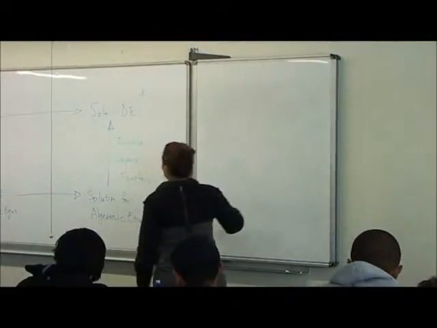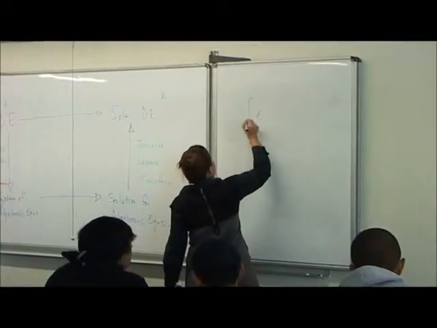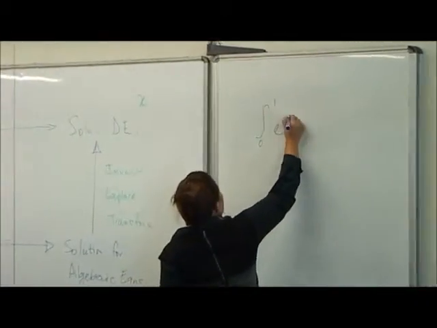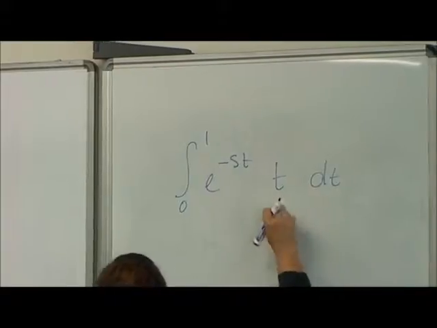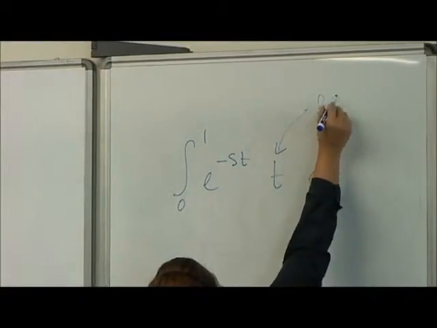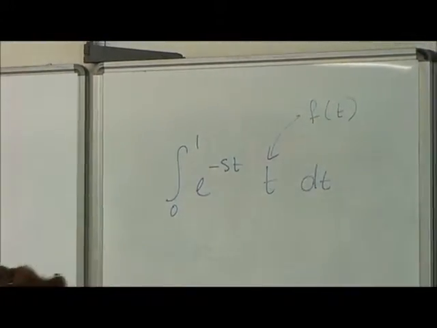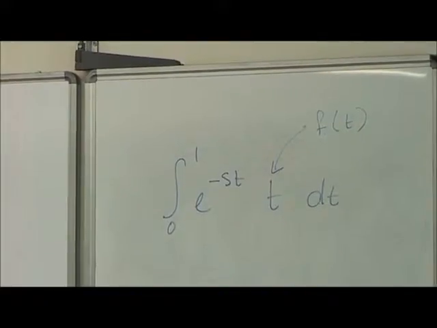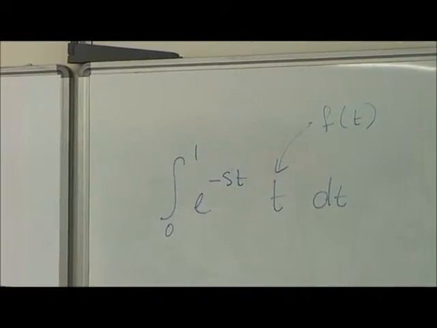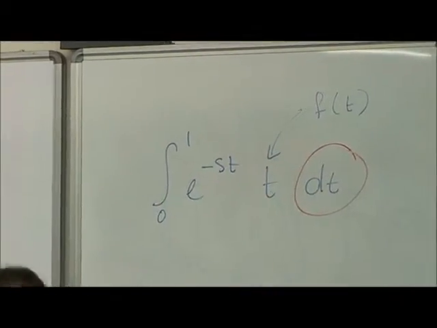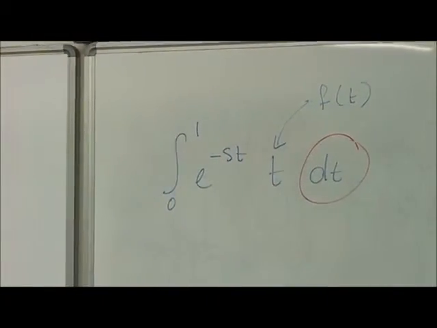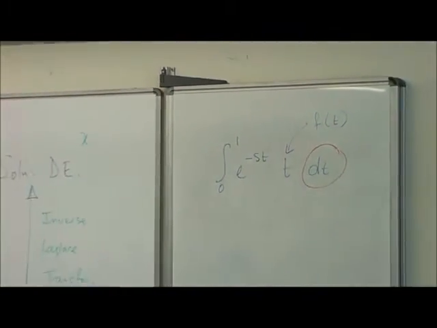Take for example, we've got the integral between naught and 1 of e to the minus s t, dt, right? That over there is equal to t. Right? If you solve this, that there tells you that your variable is t, which means that s is constant.